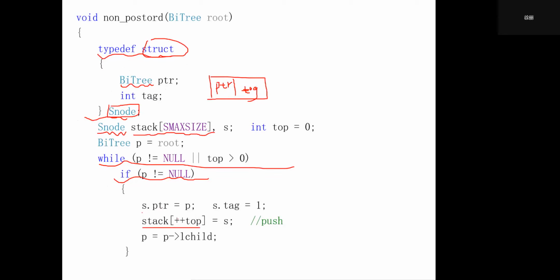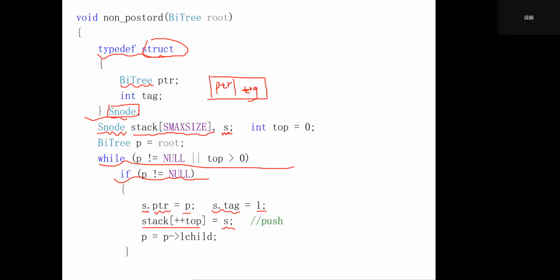So you can see here we define the s node variable s. S ptr equals to p. S tag equals to 1, because you remember every time when p is done, we push the node as tag.